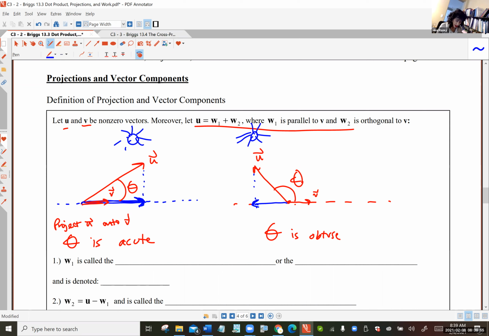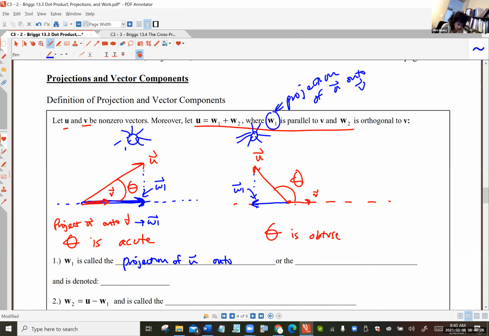Now, I am going to refer to w1 as the resultant vector here. So this blue vector here is the w1 vector. The book doesn't use my notation, but we're going to give it a different notation here in a minute, but just let's call it w1. So that is the projection of u onto v. Now, w1 is called the projection of u onto v.